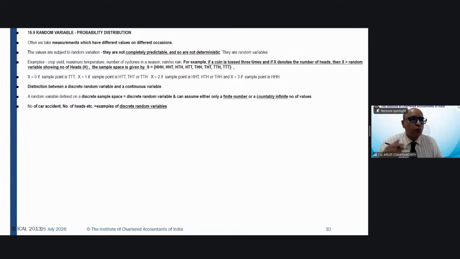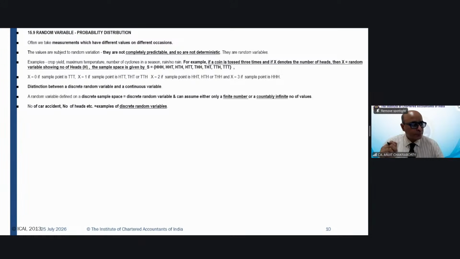You can get 1 head, or 2, or 3, or 4, or 5 heads. So 0 to 5. That means the number of heads can only assume specific values. It cannot assume a fraction.